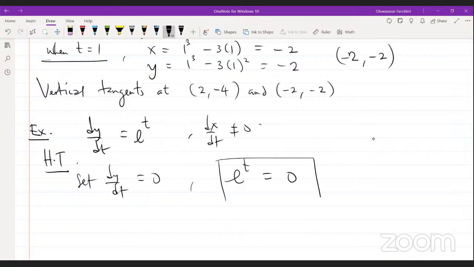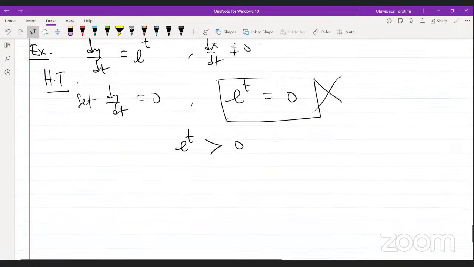Is this ever possible, guys? Can an exponential function be equal to 0? Never, because this is always strictly positive. You can check, just do e to the negative 100, e to the 2, whatever. It's always going to be positive. So in this case, we just say no horizontal tangent.